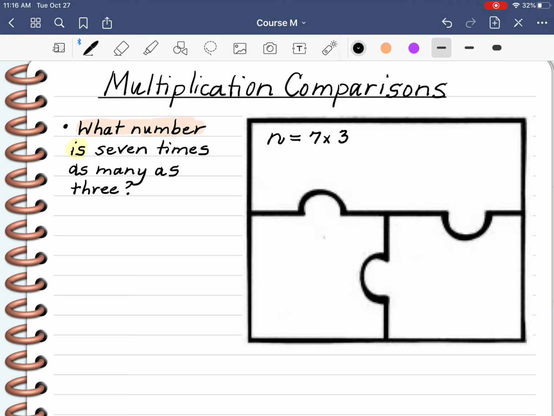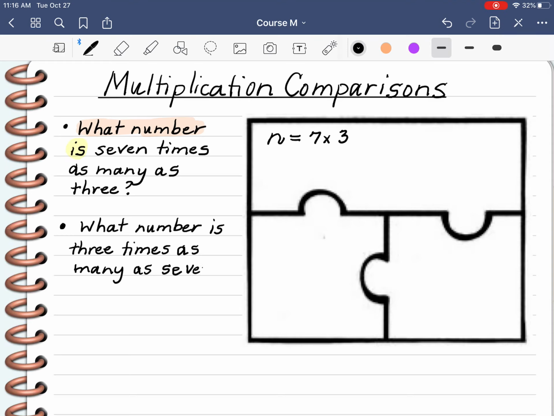So help me with this question. What number is 3 times as many as 7?